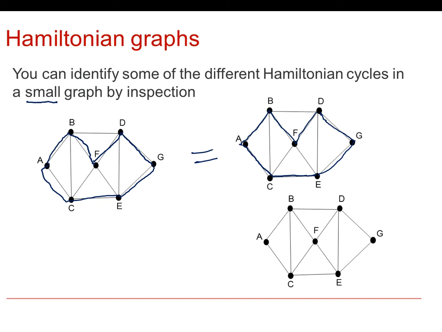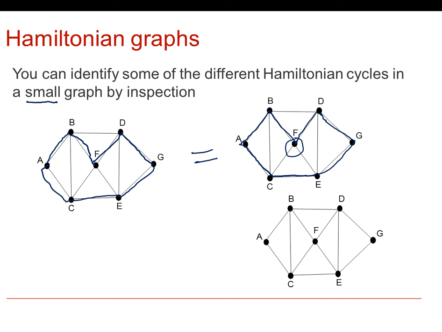And similarly, if we'd started at F and gone D, G, E, and then C, A, B, F, it would have been the same Hamiltonian cycle. Let's try again.